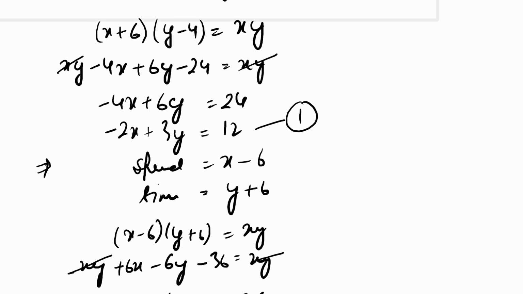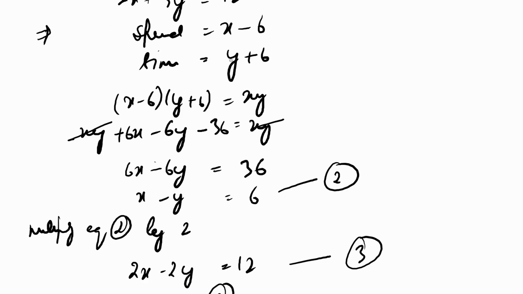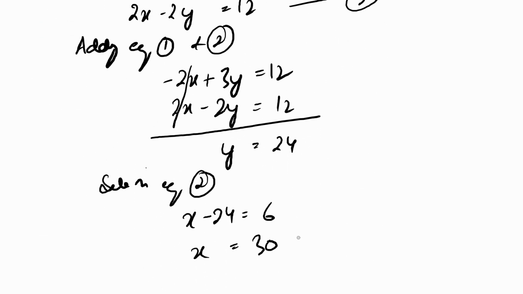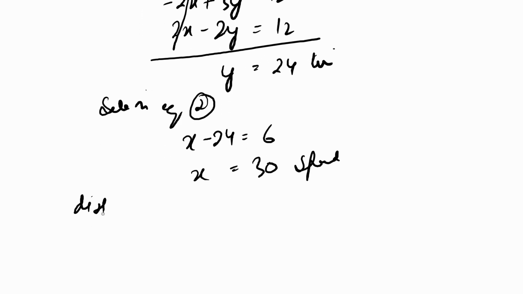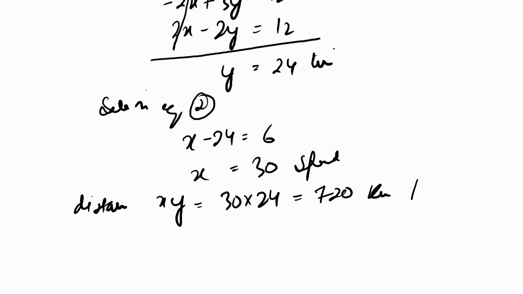X was the speed of the train, and y was the time. So the distance covered by train is x into y, that is 30 into 24 is equal to 720 kilometers. Okay, that is the answer.